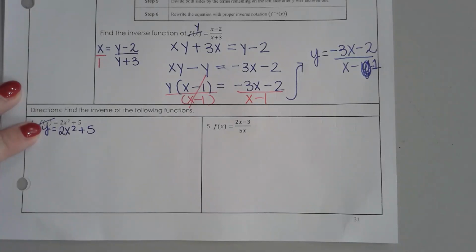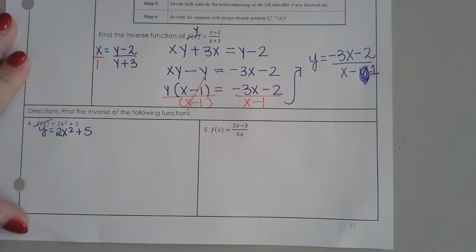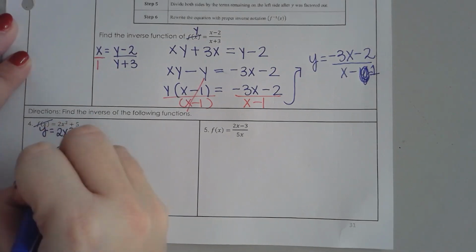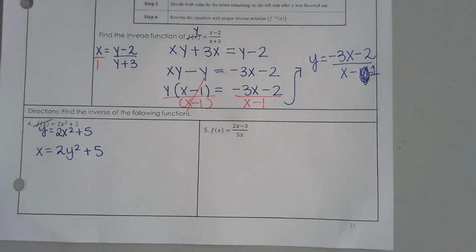My original function is y equals 2x squared plus 5. And I want to first switch the x and the y. So to find the inverse, I switch the x and y.